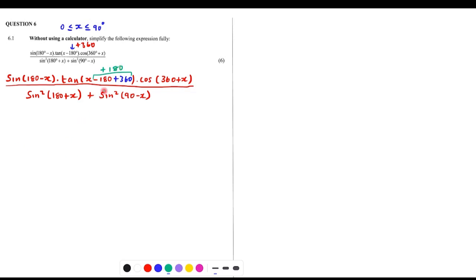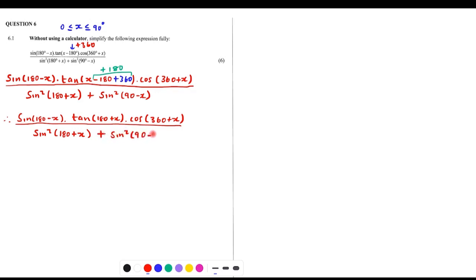And this then means now here I have sine of 180 minus x times tan of 180 plus x times cos of 360 plus x over sine squared of 180 plus x plus sine squared of 90 minus x. All right, then now here I'm done with the negative angles.